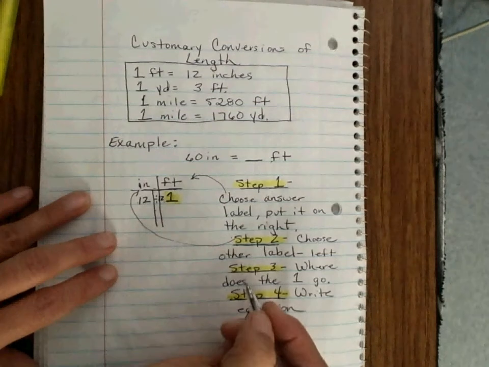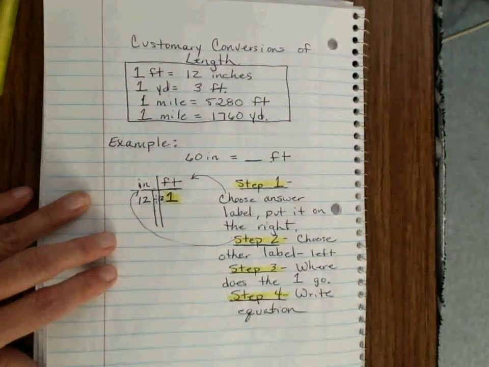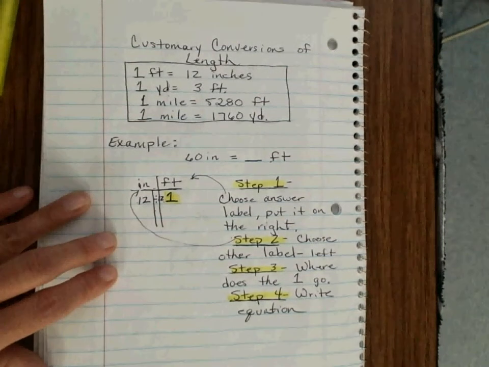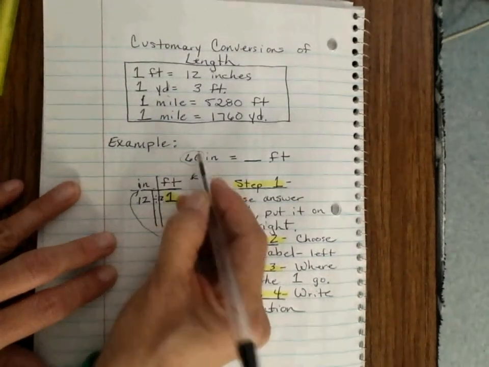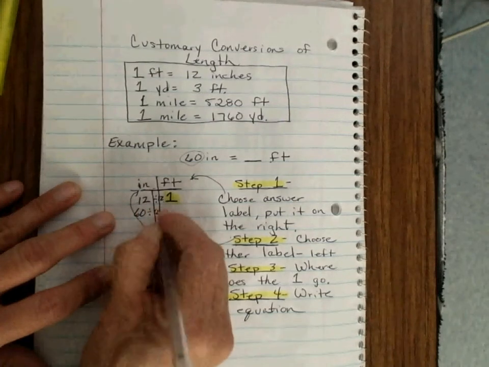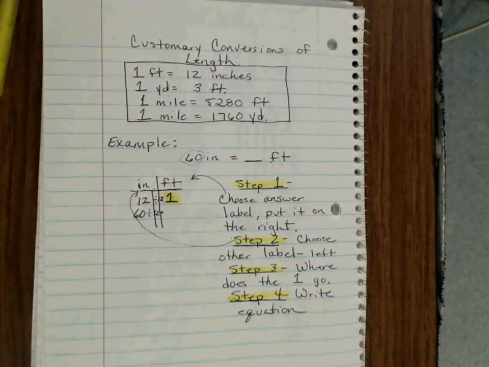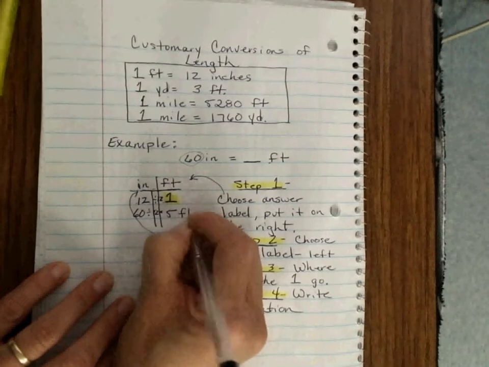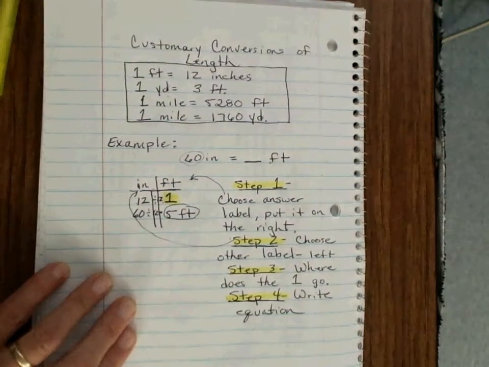If you were to look at this like an input-output table, that's my rule, divide by 12. So now I'm going to take my original question, which was 60. 60 inches divided by 12 equals, math fact here, what is 60 divided by 12? It is 5. So 60 inches equals 5 feet.